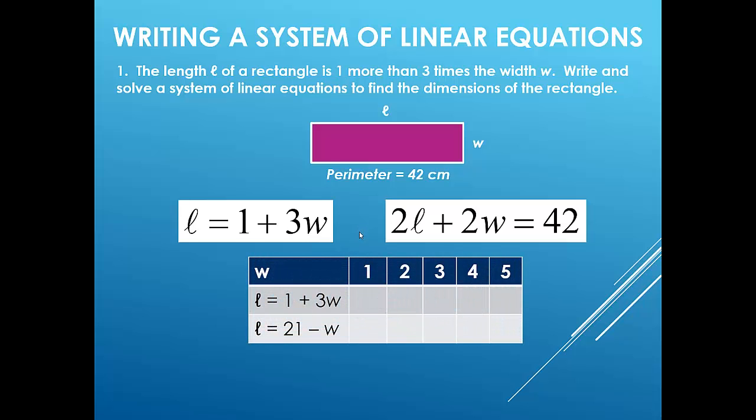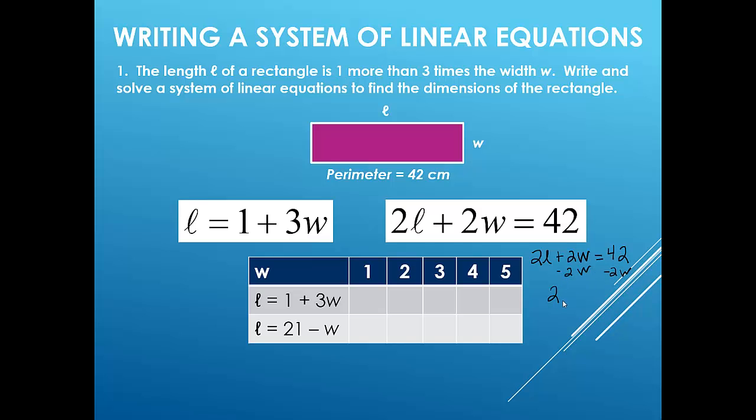When we set up our table, we're going to have both of our equations equal to L. The first equation is already set up equal to L. We have L equals 1 plus 3W. So we can just go ahead and put this into our table. The second equation needs to be solved for L. So we have 2L plus 2W equals 42. In order to solve this for L, we would subtract 2W on each side.